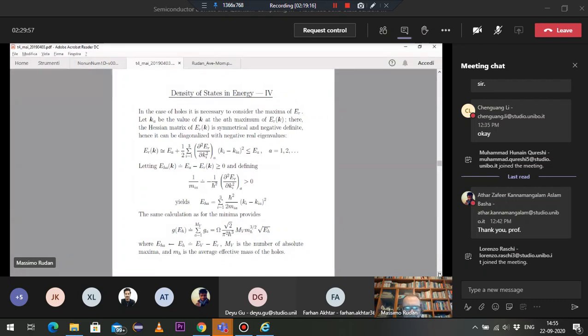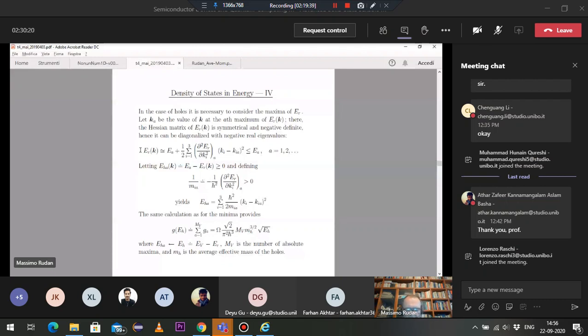There is a difference, however, that when we apply the parabolic band approximation to the valence band, we have to Taylor expand to the second order a function in the maximum. So the second derivatives are negative, okay?